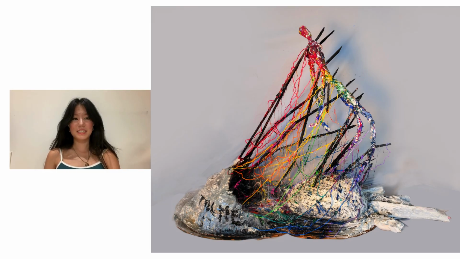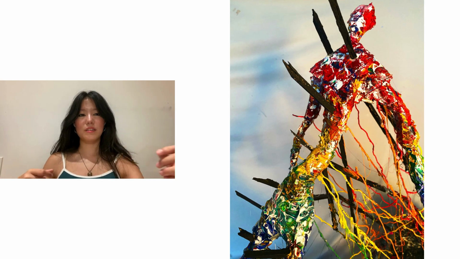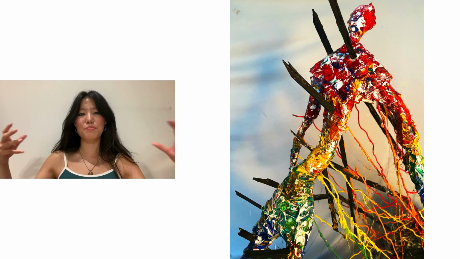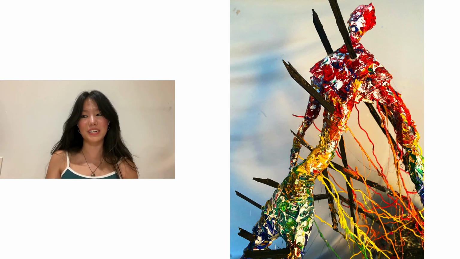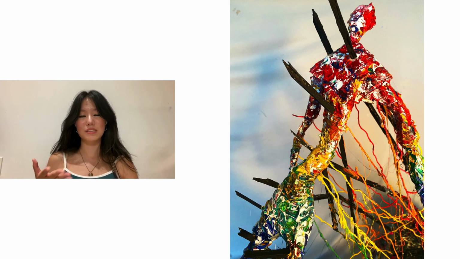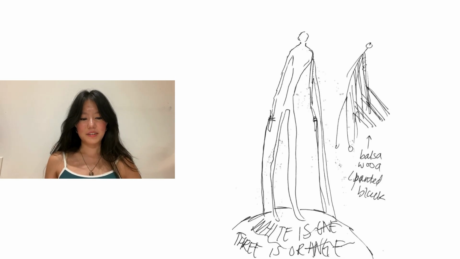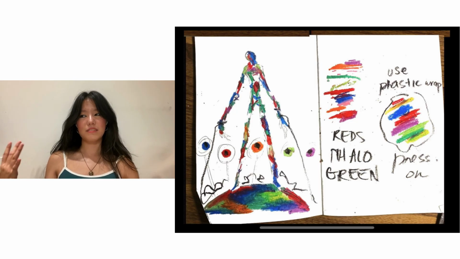So in essence, the figure represents an individual with synesthesia, or me, who is expected to conform to societal norms of how you're conventionally supposed to see the world, which is represented by the impalement using black sticks, because black is the antithesis of color and just the absence of the sixth sense. And clearly the figure is still bleeding.